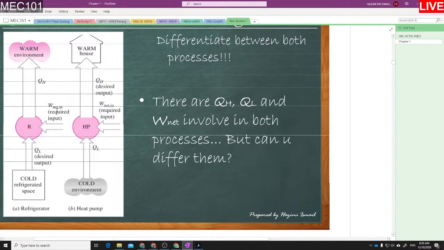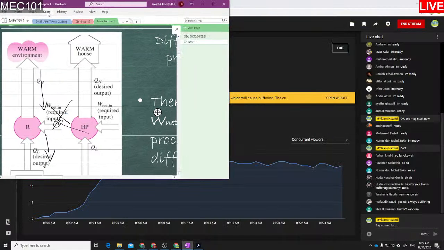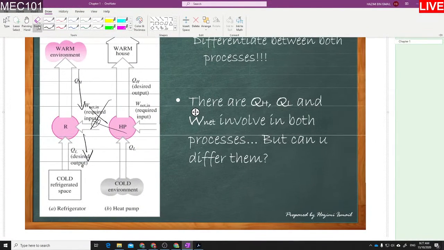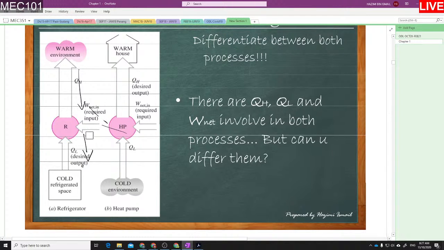If we cut off the work, it will go back to the reverse direction. Okay, the same as heat pump.